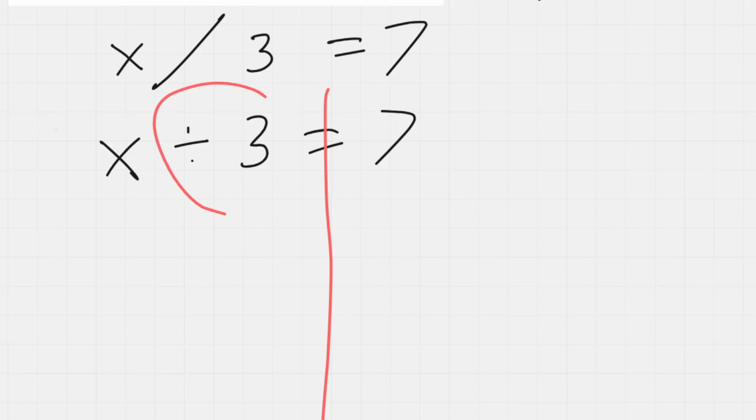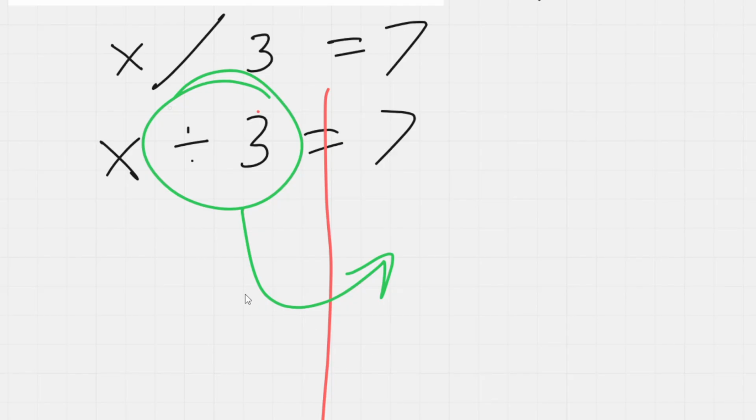My number that I have here is a 3. I want to get rid of this divided by 3. Now, when you're doing that, all you really have to do is multiply by 3.